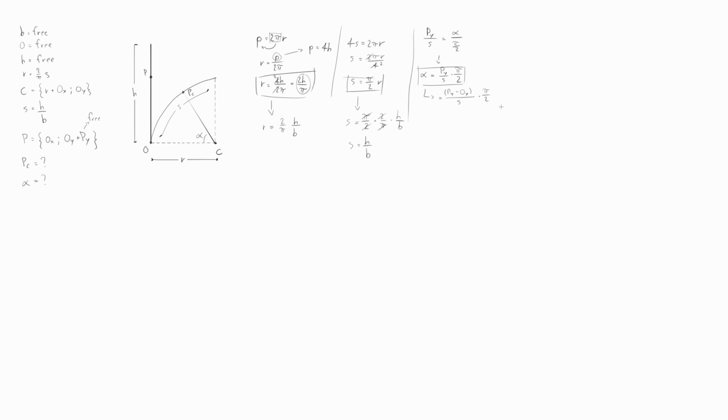Thanks to this angle, we know in which direction the point PC is starting from the center C. And since we know the distance from that point too, which is r, we can say we found it.